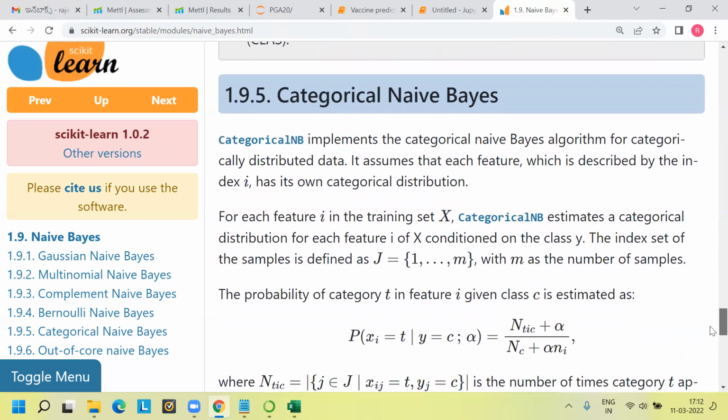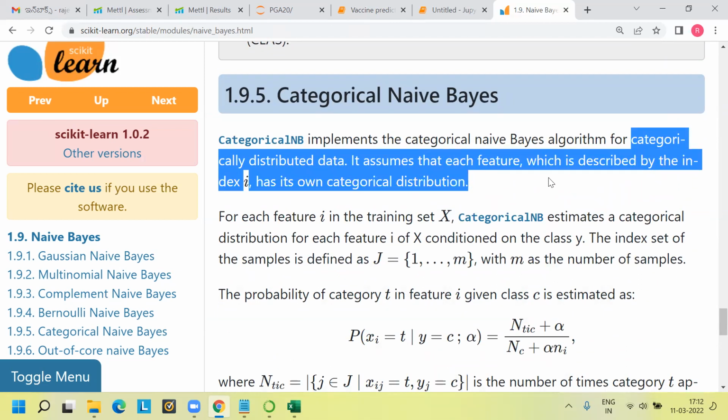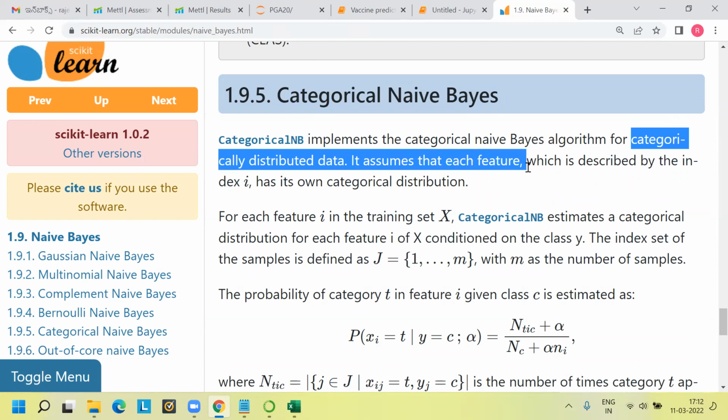The next one is categorical. See, for categorically distributed data, features are categorically distributed. Now this fits perfectly for our data because all our independent variables are categorical in nature. So we will implement categorical naive Bayes.